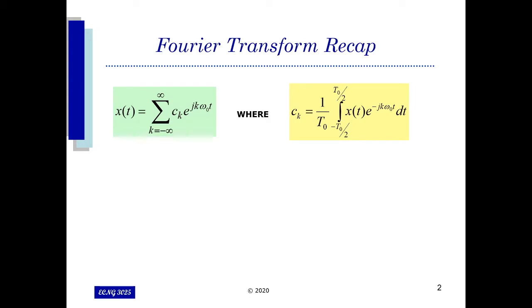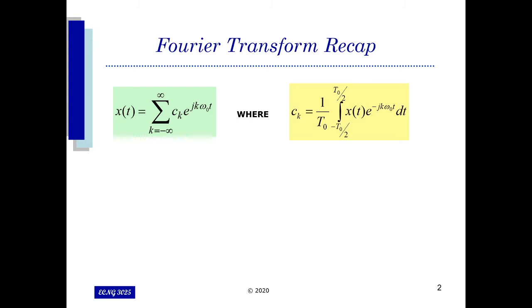So we saw that we could have started with the Fourier series equation in continuous time here. And we knew that the c_k exponent form, which represented our harmonic components, was represented by this equation in the yellow highlighted block.